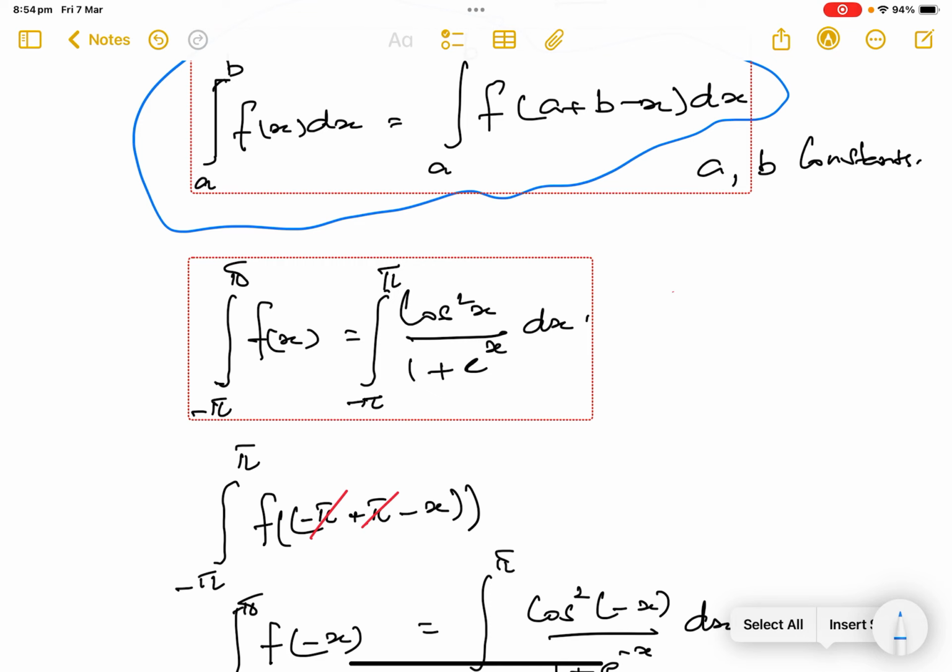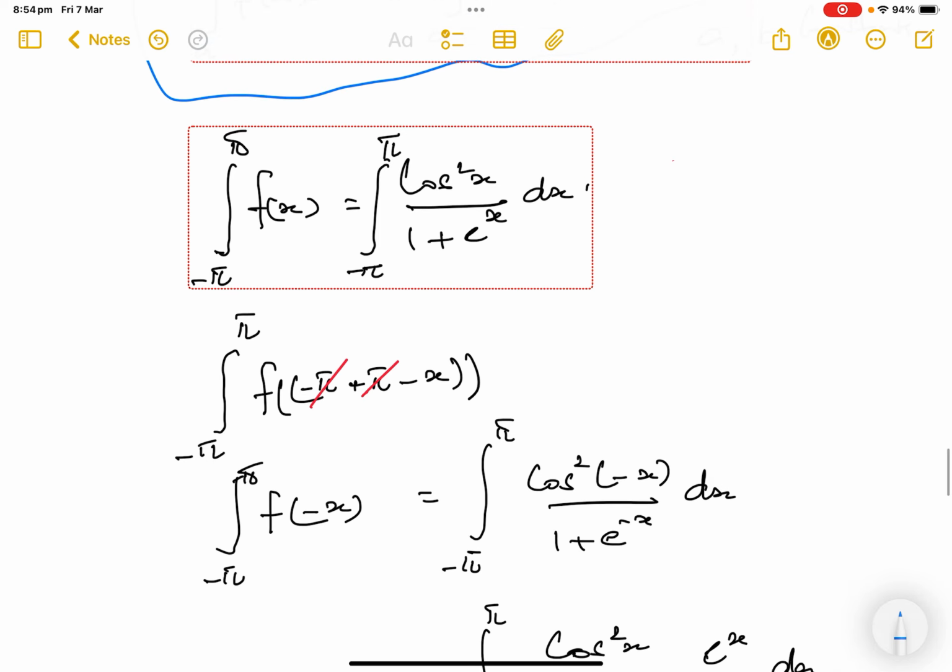The limit is the same, -pi to +pi, and f(x) is cos squared x over 1 plus e to the power x dx. What we know is that the integration of f(x) equals the integration of f(a + b - x), with lower limit plus upper limit, minus x.